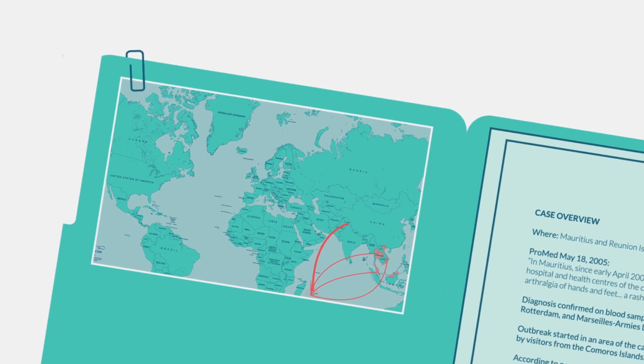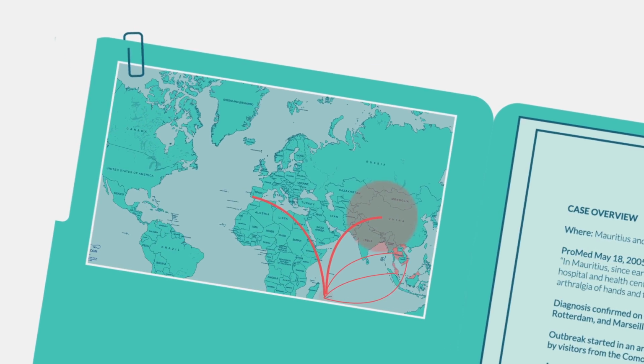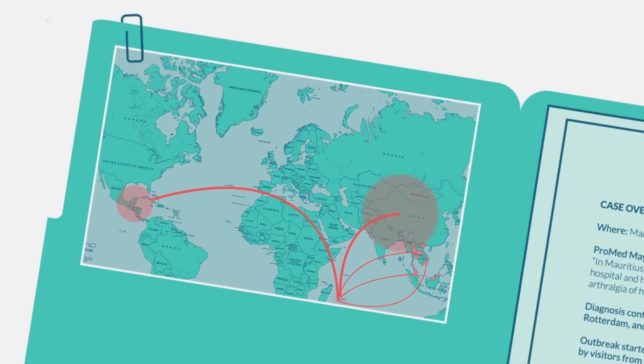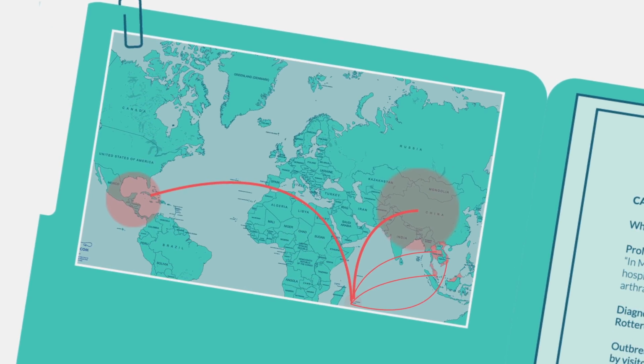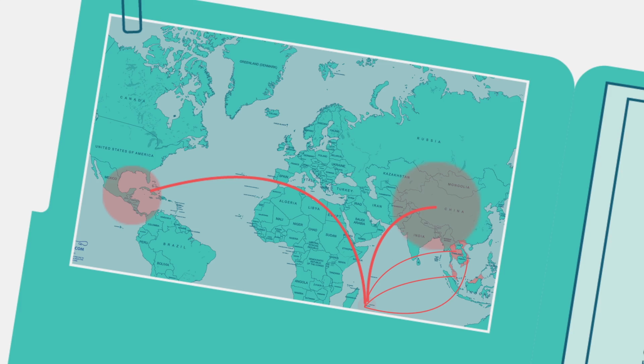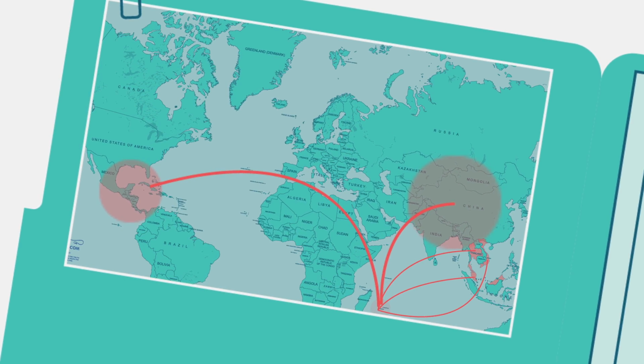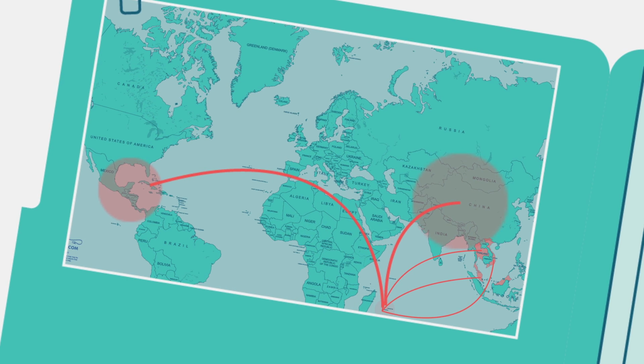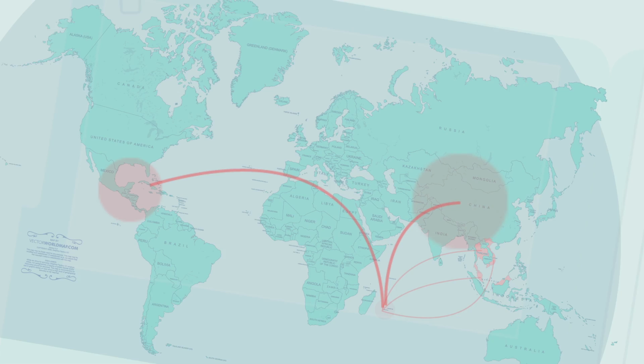Chikungunya spread through Asia, across the Caribbean, and into Mexico. This case shows us again why it is so important for health professionals to be aware of what outbreaks might be going on in other parts of the world, and why it is so important to create and participate in a global surveillance network.